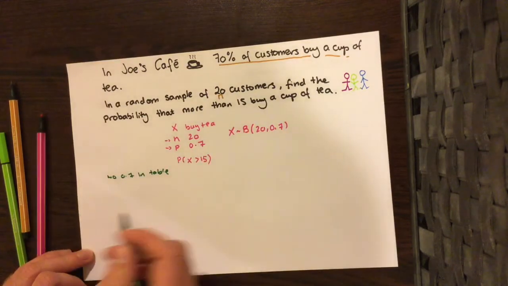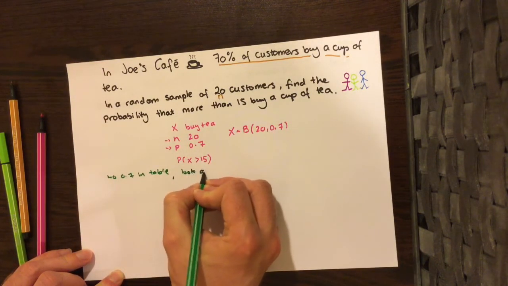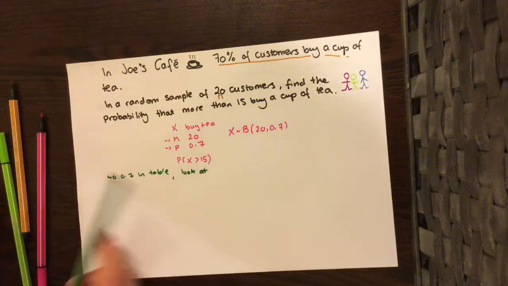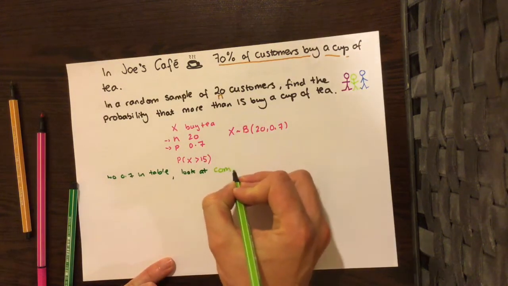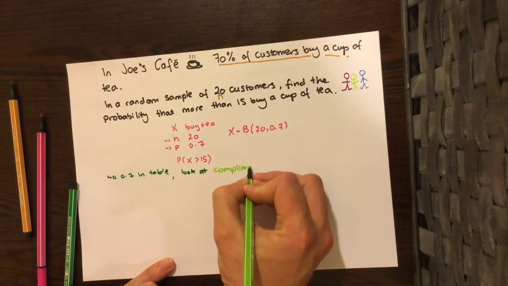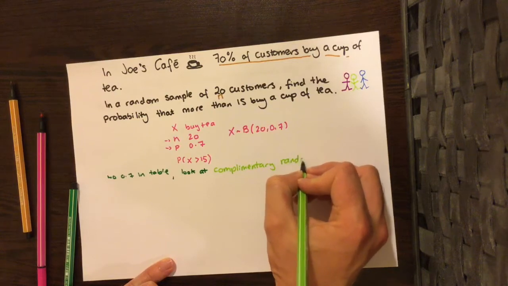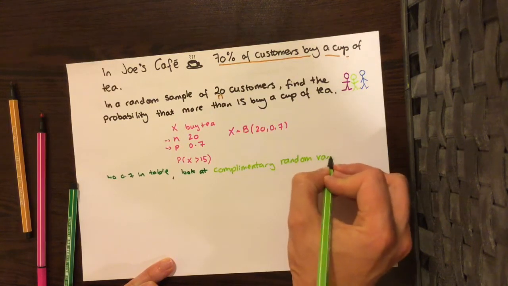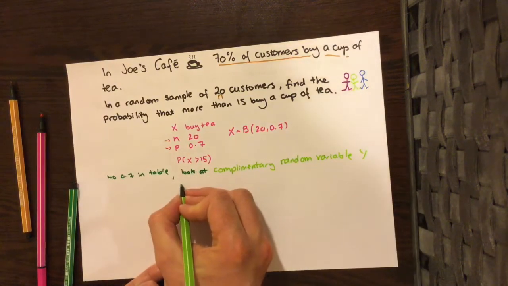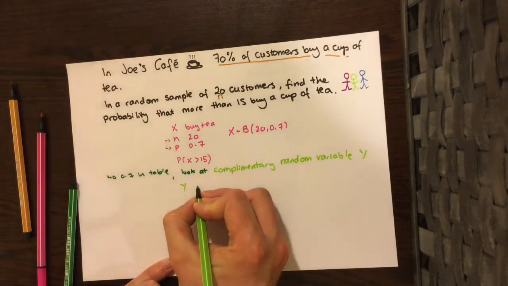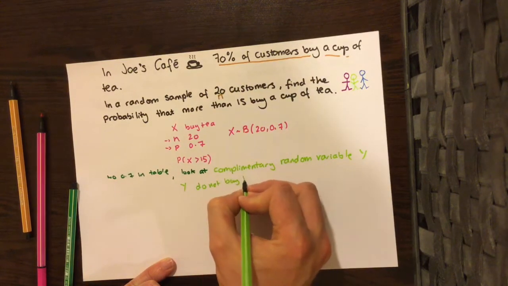So what we are going to do is look at what is called the complementary random variable, which we're going to call Y. Now Y is the chance that you do not buy tea.